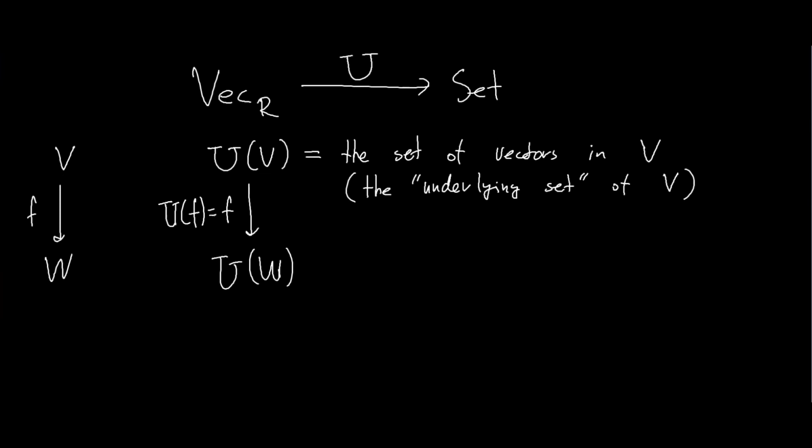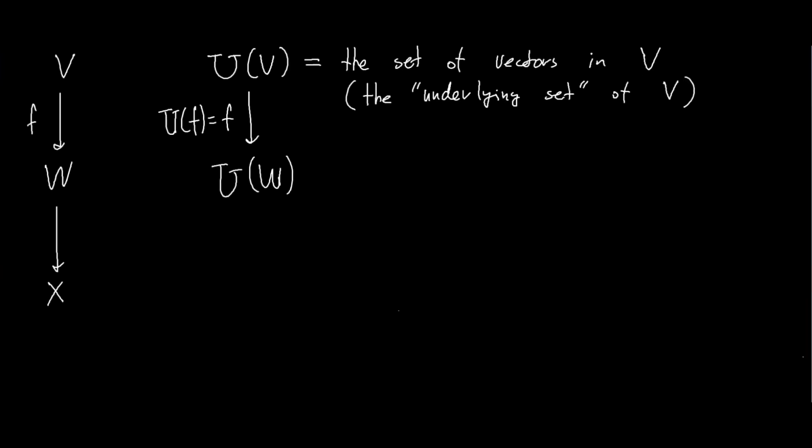And the fact that it preserves composition and identity morphism is not very obvious, because composition of linear maps was defined as composition of these functions. So if I compose morphisms, linear maps here, that is the usual functional composition, which happens to be a linear map.